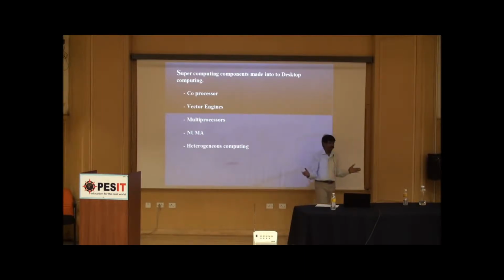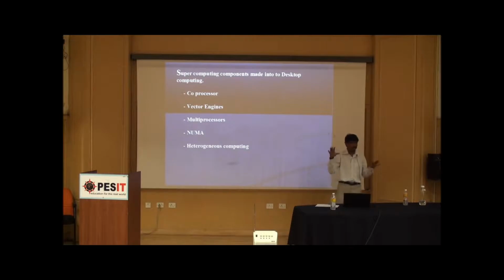Later, what happened? Now in current systems, do you have a math coprocessor? Yeah, it is fused. It is fused into the processor, right? Okay. So what happened is, as the technology improved and fine-tuned, it got fused.